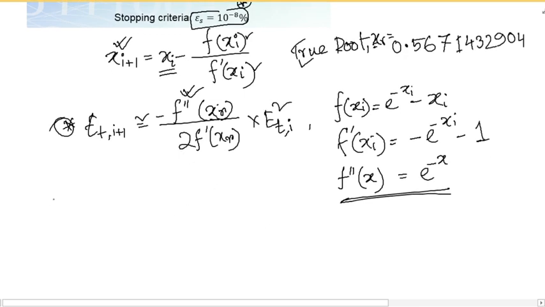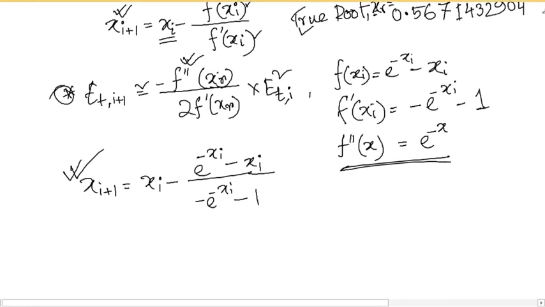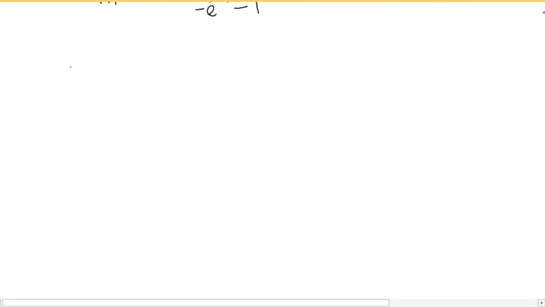Anyway, so we can simplify. The next case will be equals to xi minus (e to the power minus xi minus xi) divided by (minus e to the power minus xi minus 1). So that will be our next case. So now create a table here.